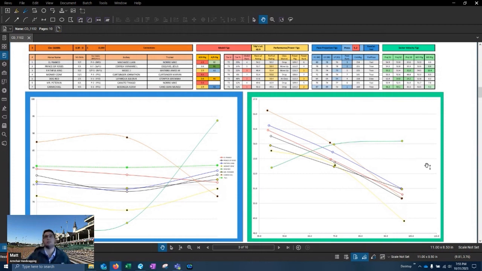This is looking at a horse's past races and essentially giving an analysis of each race that it's run, and divides those races up into 3 sectors. Then it looks at velocity for each sector that meets certain criteria that match today's race conditions.